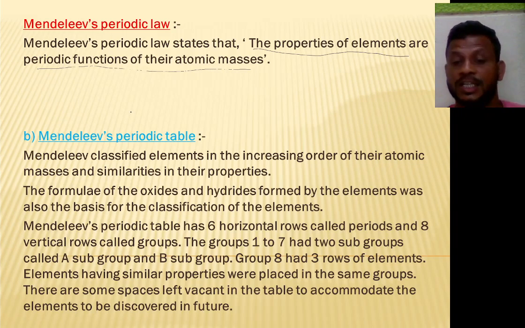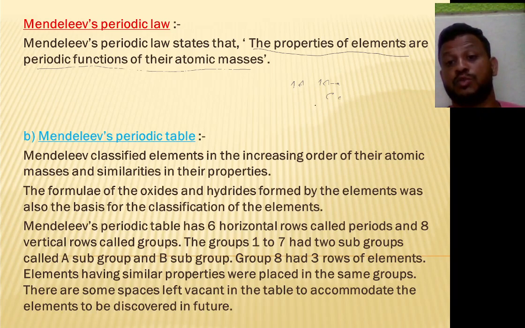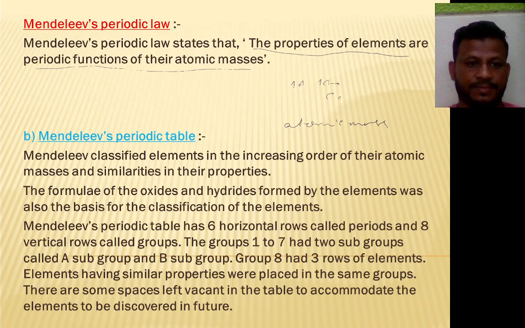Look here, he said that the properties of elements are periodic functions. It means the properties of an element, if you take hydrogen, helium, carbon, are periodic functions of their atomic mass. He stated this statement.